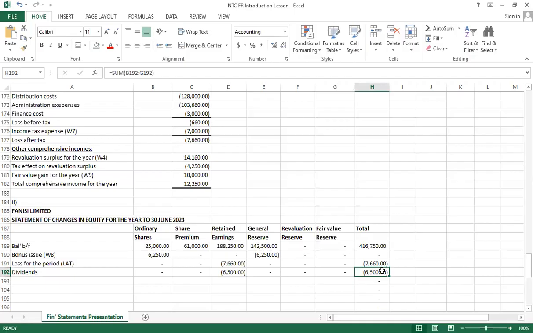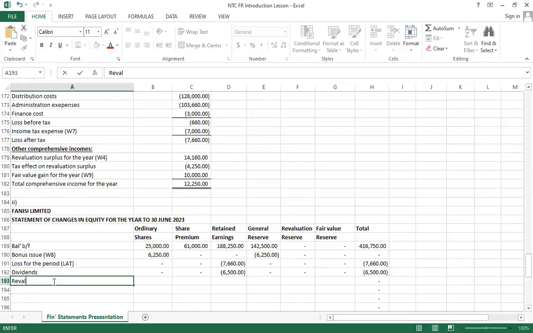If that is the case, then we can proceed to record for the revaluation reserve. For the revaluation reserve, the only thing we have is that revaluation surplus for the year, which we had agreed.